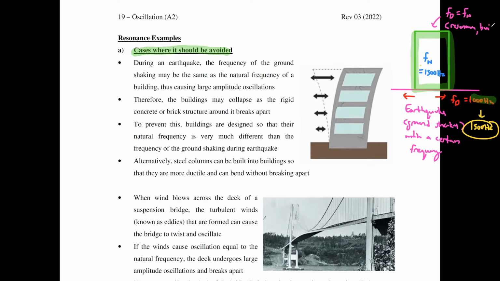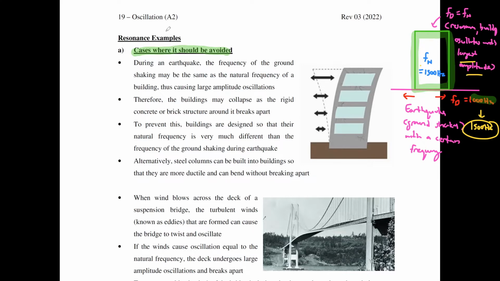Your building oscillates with the largest amplitude, or rather the maximum amplitude. When it's oscillating at the largest amplitude, your building will actually break apart.